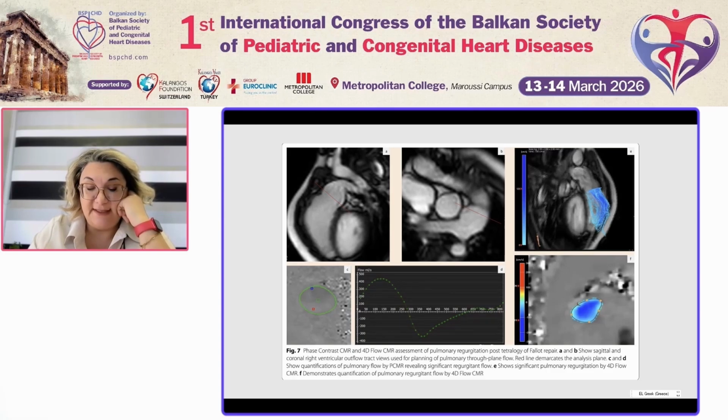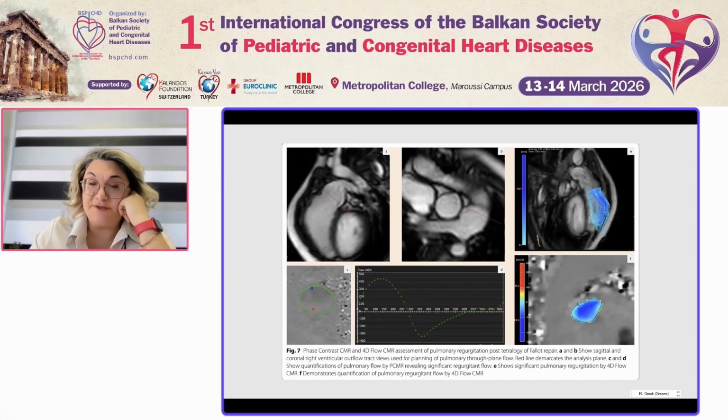In panels C and D, phase contrast CMR provides quantitative flow analysis, and after segmentation of the pulmonary artery, the time-flow curve shows forward systolic flow followed by significant diastolic reverse flow, which is the hallmark of PR. Panels E and F illustrate the same physiology using 4D flow CMR.